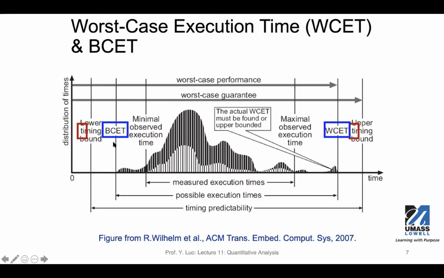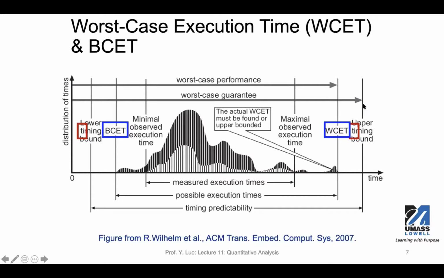The best case execution time will be what you observed out of maybe 100 or 1,000 runs of this program: the lowest number, or the shortest execution time you observed, is the best case execution time. On the other extreme, the longest execution time you observed by running this program 100 or 1,000 times is the worst case execution time.